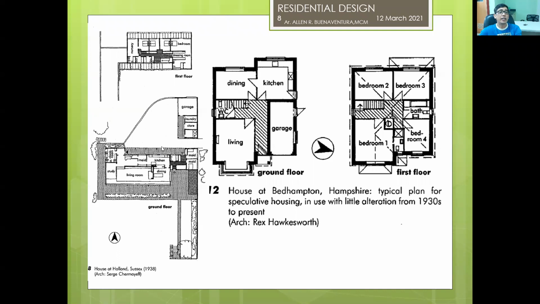If you enter the building, the so-called residence, there is a living room, a dining room adjacent to the kitchen, and there's a maid's room. The main entry is on this part, and there is a cloakroom.